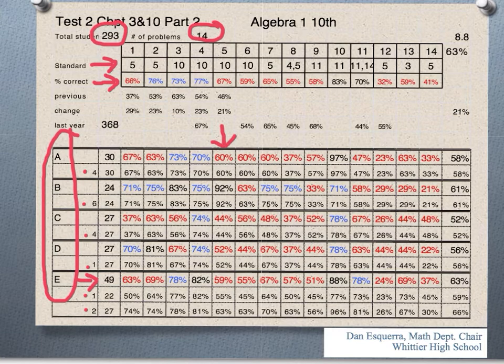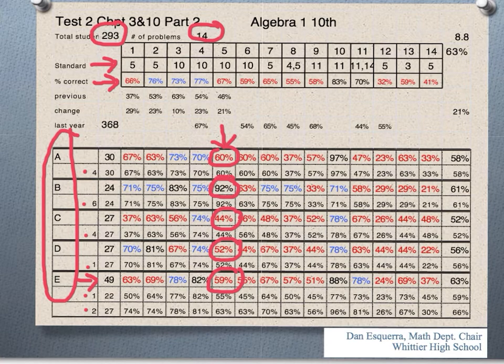And as you can see, teacher A had 60% of her students get that item correct. Teacher B, 92%. Teacher C, 44%. Teacher D, 52%. And teacher E had 59% average of his or her students get that item correct.